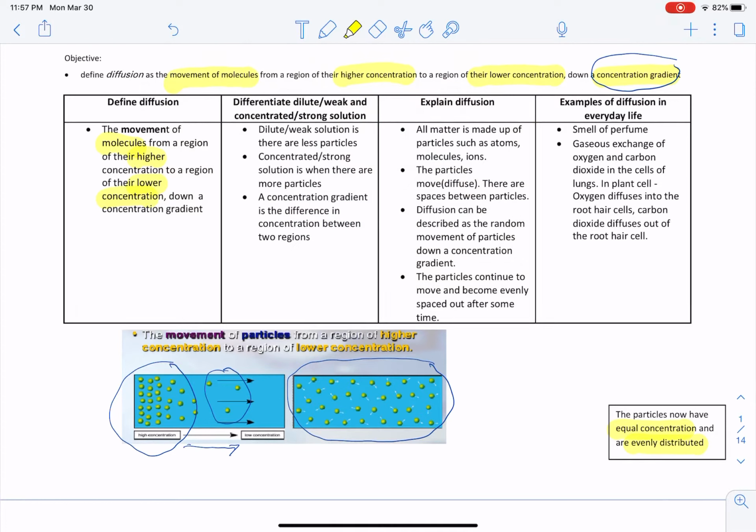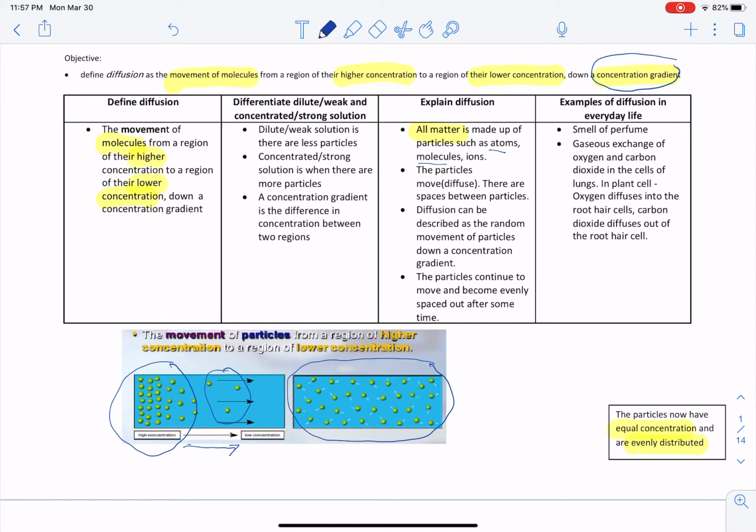Alright, now, how can diffusion take place? Why is diffusion possible? If you remember when you were in Year 7, Year 8, all matter is made up of particles such as atoms, molecules, and ions.